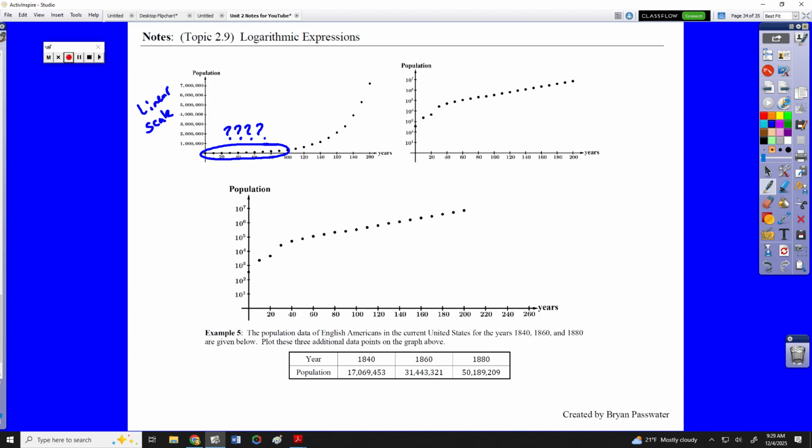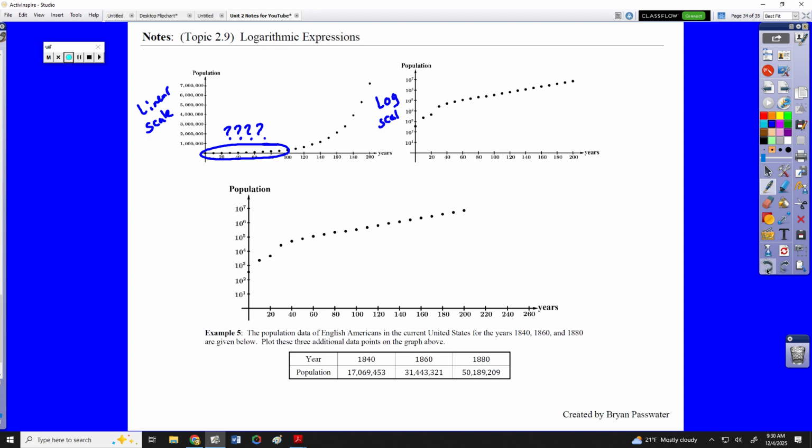However, if we take that same data and we graph it on a logarithmic scale based on the number 10, meaning that this is 10, 100, 1,000, 10,000, 100,000, 1 million, and 10 million, you can get a much better look at that data because the range of that data is so big.